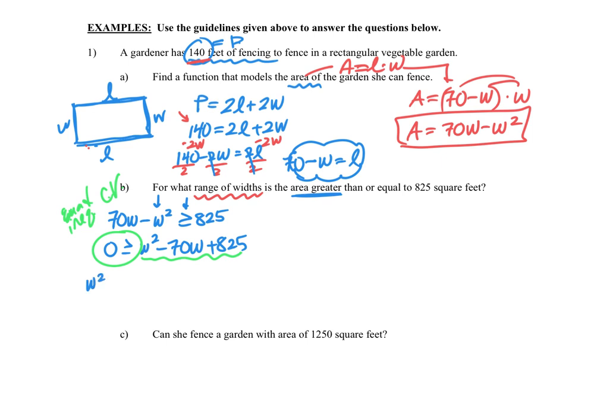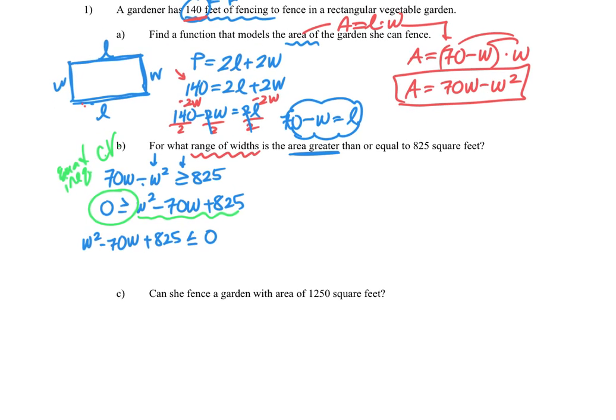I'm going to write W squared minus 70W plus 825 is actually less than or equal to 0. And I didn't just move everything to the left, because if I did, I would still have had my negative in front of the W. You could have, but then you would have had to divide by -1 and switch the sign and whatever. Lots of ways to get that answer, only one answer.